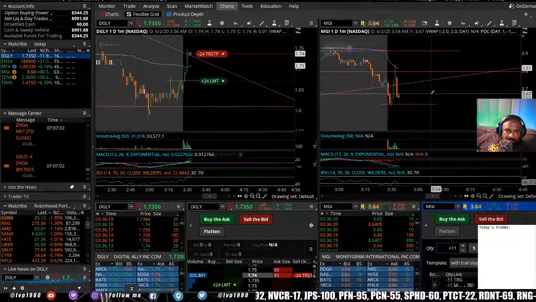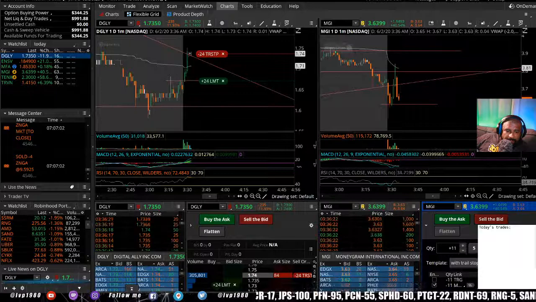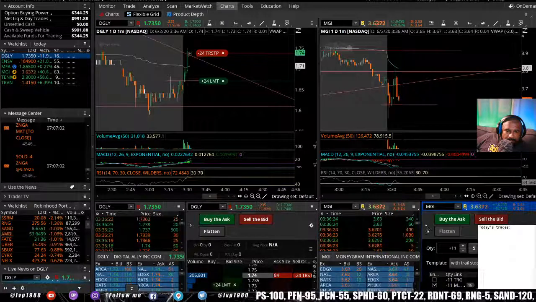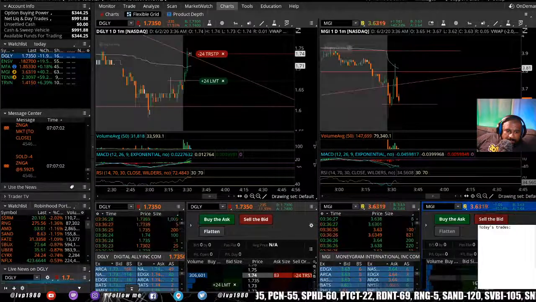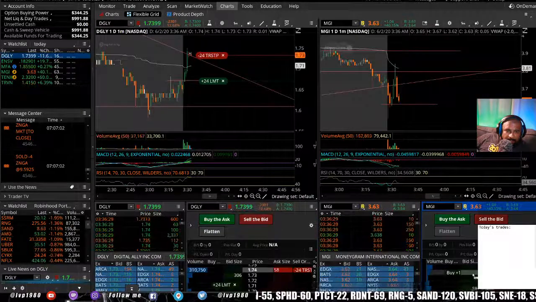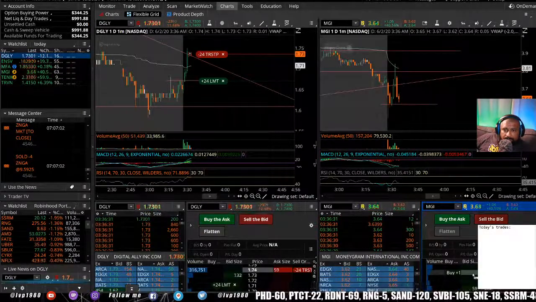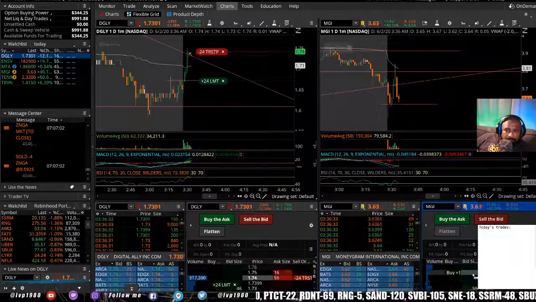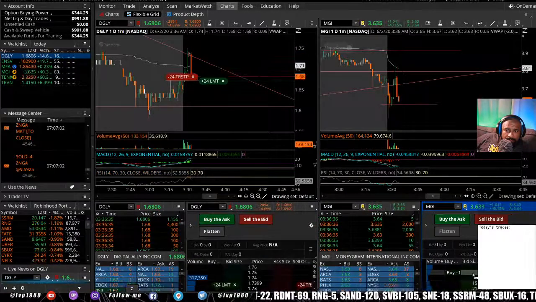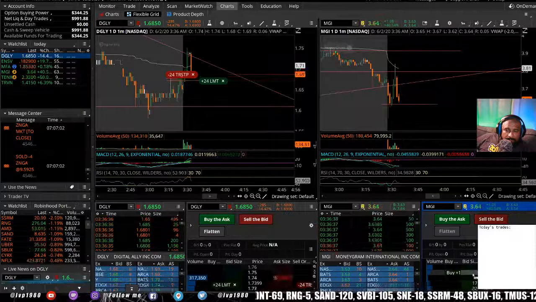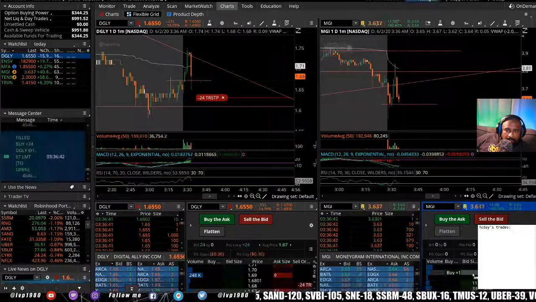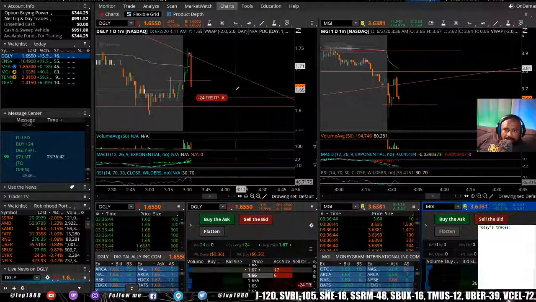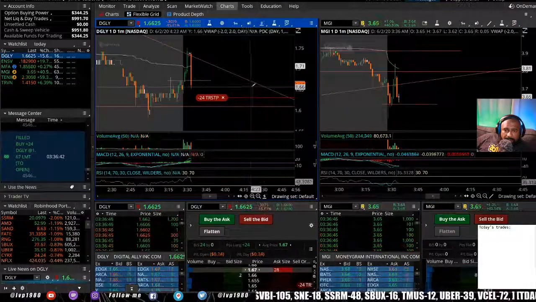Let's say it goes up to this one right here, 3.67. 3.60. Nope, still going down. Okay, it's about to hit. There, it went through. Now let's hope we didn't make a mistake here.